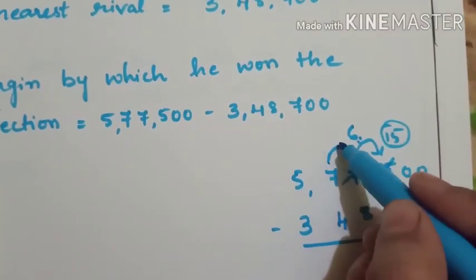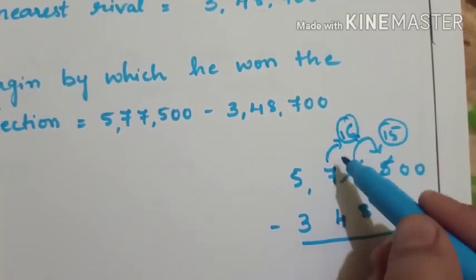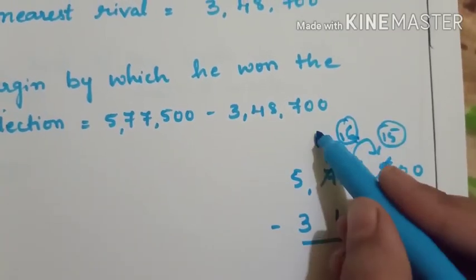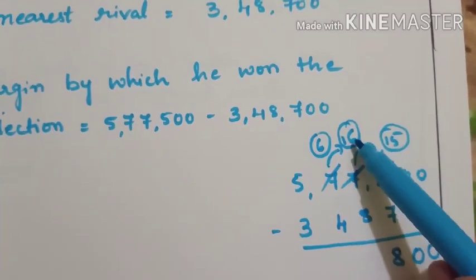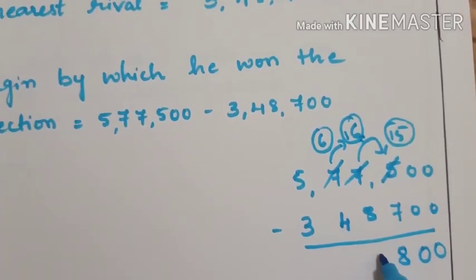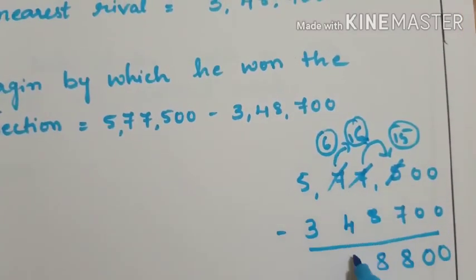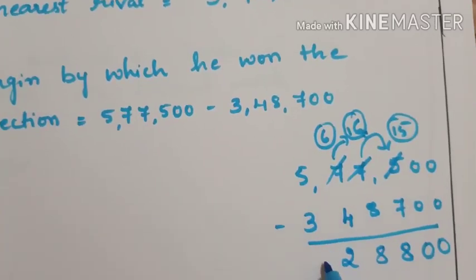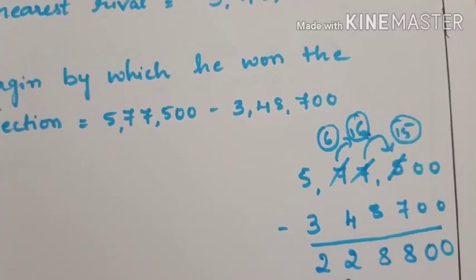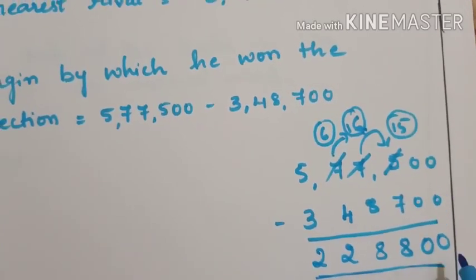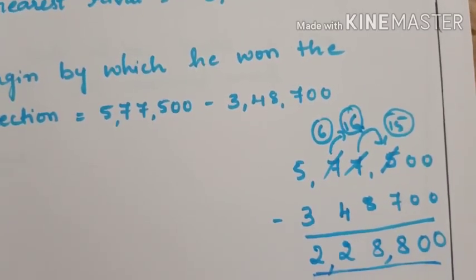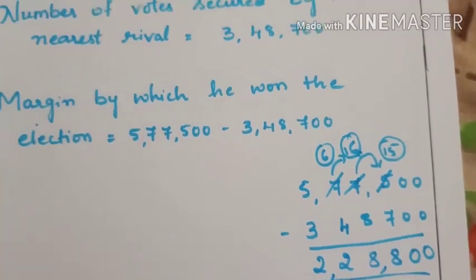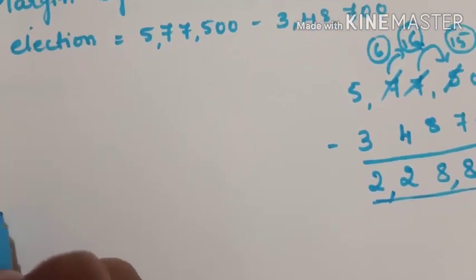Take the borrow, it becomes 16 and this becomes 6. Now 16 minus 8 is 8. 6 minus 4 is 2. 5 minus 3 is again 2. So the answer is 2,28,800.